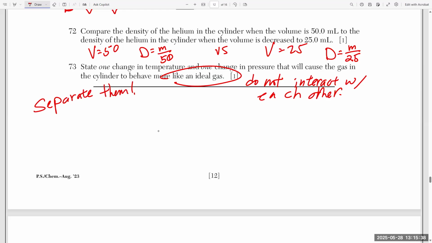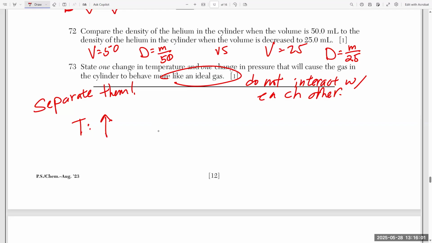How do you do that with temperature? How do you make gas molecules move further away and not cuddle up? So you make it move further out, which means how do you do that? You heat it up. Higher temperature, molecules are further apart. Cold temperature, they huddle together. So you want high temperatures.